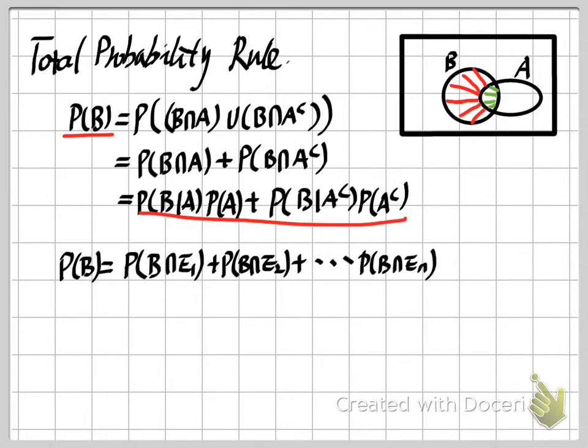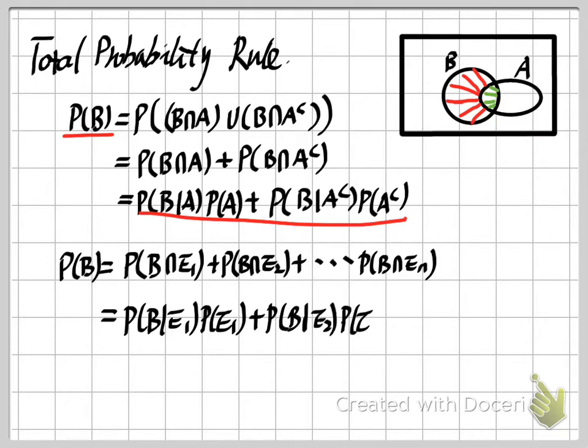So that means B is covered by all of E1 until En. Then by the multiplication rule, we can use the conditional probability to help us find all of these values. So this is a more general version of the total probability rule, about n events. This is the formula for the total probability rule.